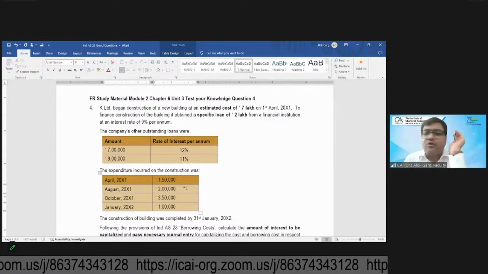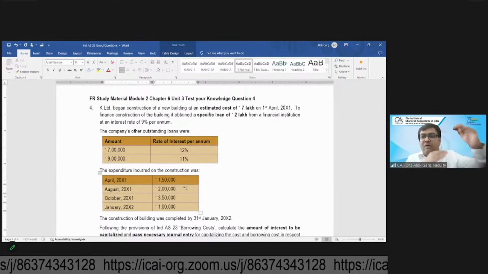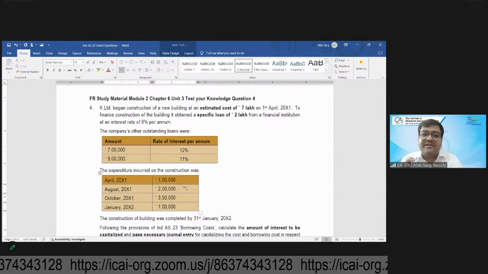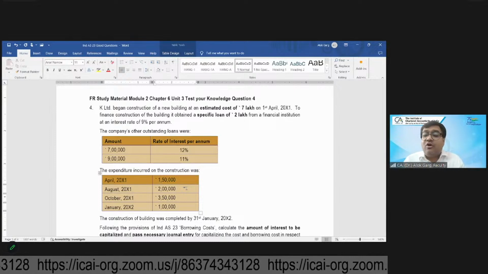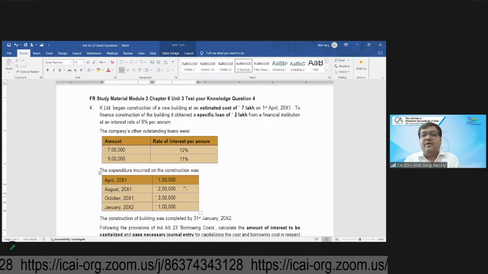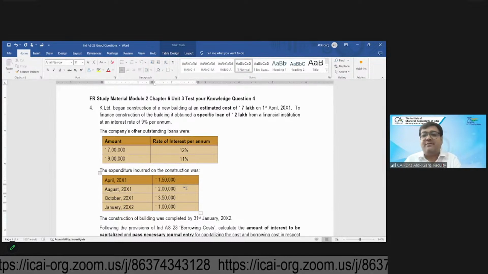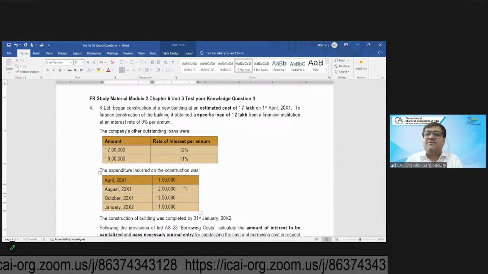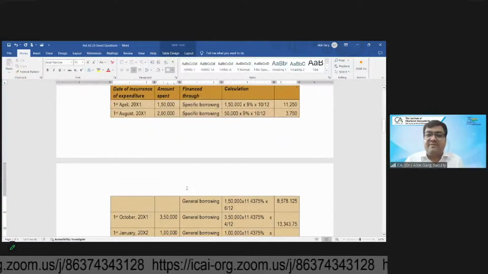Is that clear or not clear? Tell me. So first, 1.5 lakh on April 1, and then out of the 2 lakh expensed on August 20x1, 50,000 was utilized from the specific borrowing, correct? And the remaining funds were utilized from the general borrowing, correct?